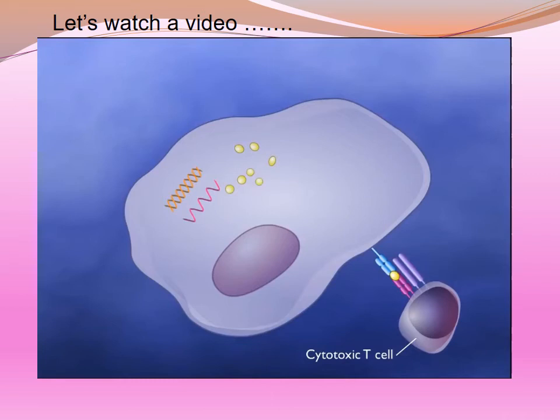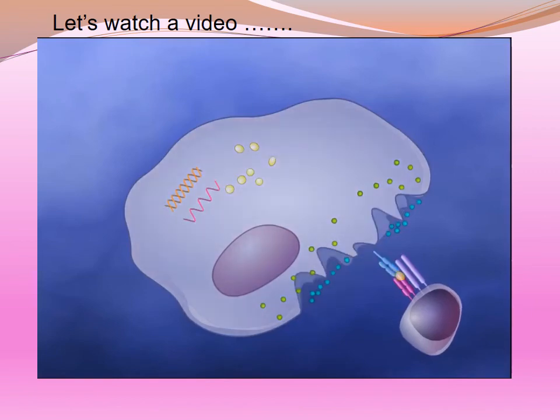The cytotoxic T cell then releases cytotoxins which induce apoptosis in the infected cell and perforin which causes perforations in the cell membrane. Self-proteins are also degraded and the fragments presented on the surface via class I MHCs. This is not shown. Fragments of self-proteins are not recognized by cytotoxic T cells. Cytotoxic T cells remain intact, detach from the infected cell, and move on to other target cells.